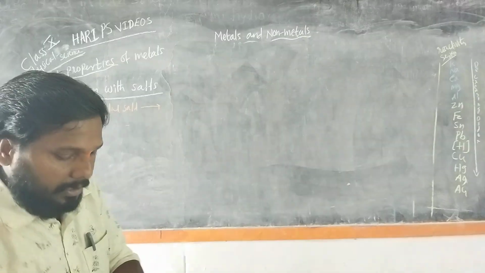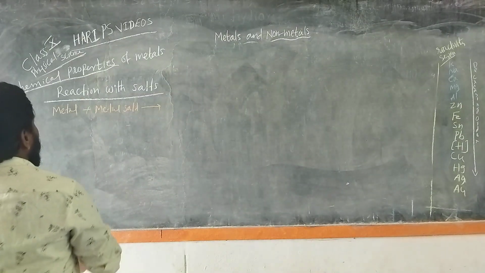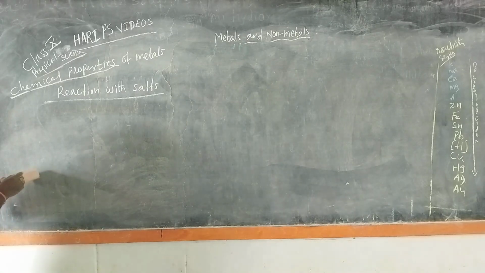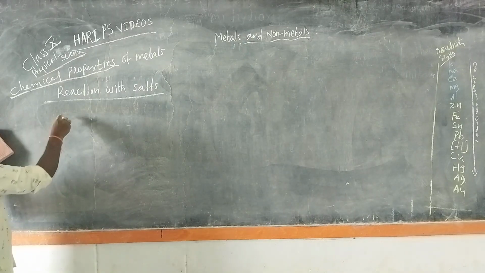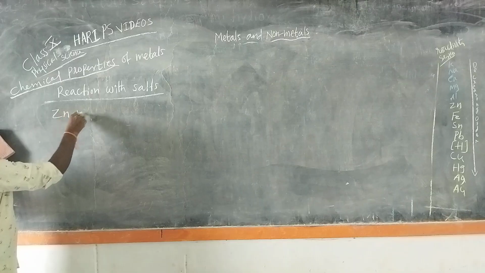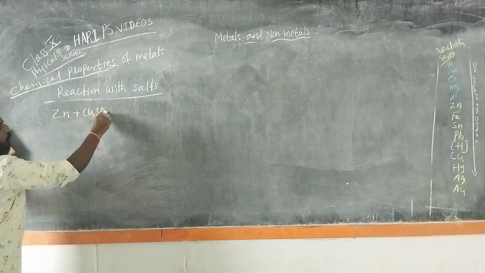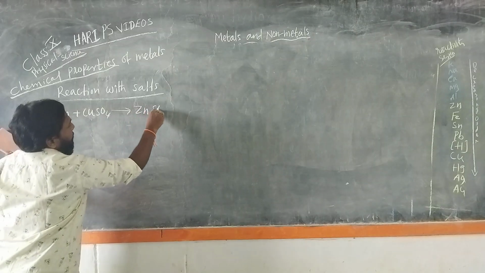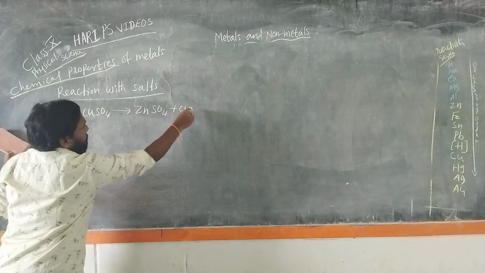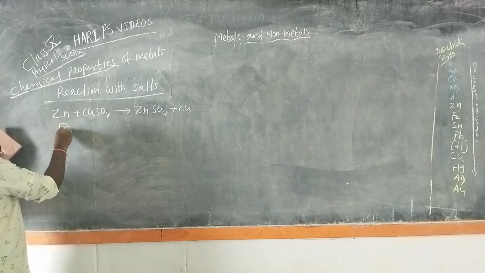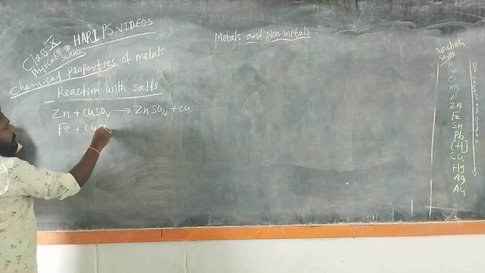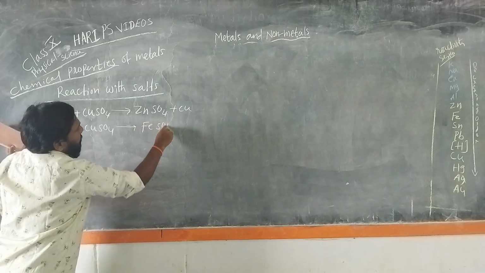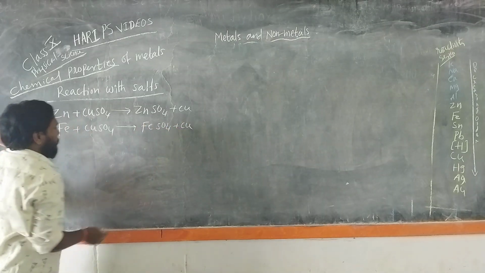As we discussed, when zinc is added into copper sulfate solution, it forms zinc sulfate plus copper. Then when iron is added into copper sulfate solution, it forms iron sulfate plus copper.